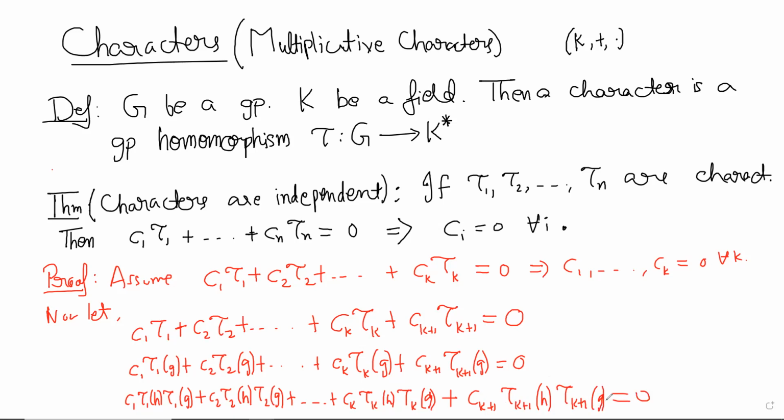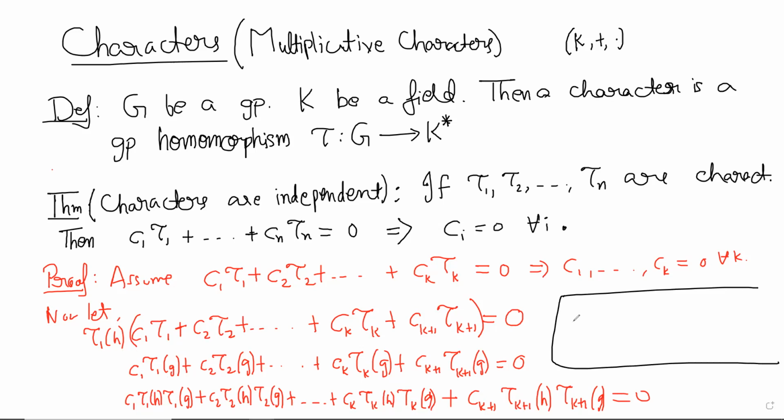So this is equal to 0. And now, as suggested, you take this equation and multiply both sides by tau 1 h, and then you subtract. You get a smaller relation, a relation with k terms. Any k, we don't care, but it has some k terms.